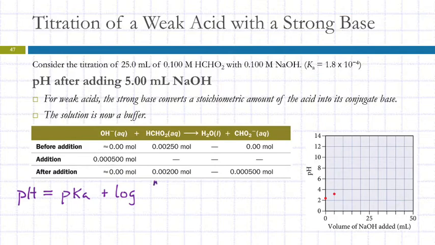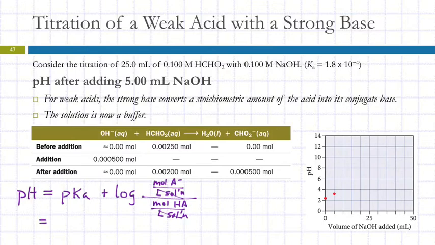Well, the base is going to be moles of A minus per liter of solution, and this is going to be moles of HA divided by liters of solution. Is the volume of the solution the same for both of those? Yeah, because they're in the same beaker, right? So the volume of solution cancels out using the Henderson-Hasselbalch equation, and so we don't have to worry about it.